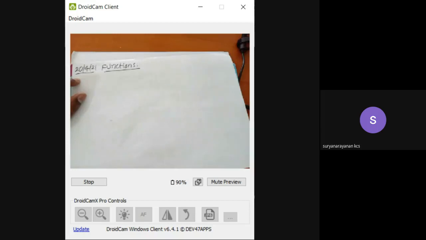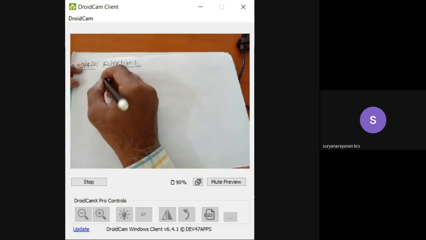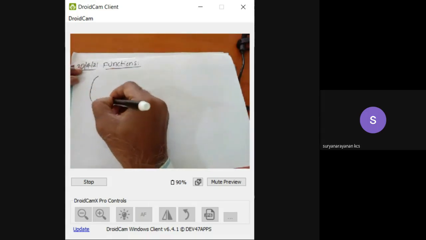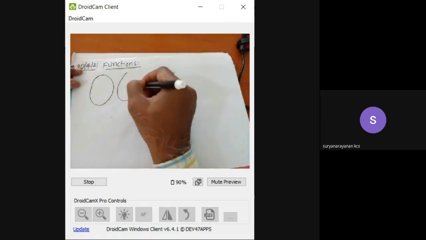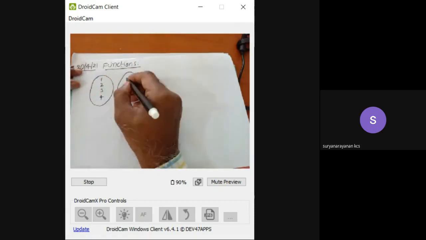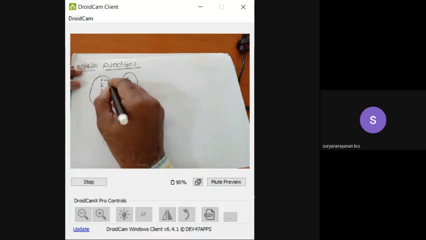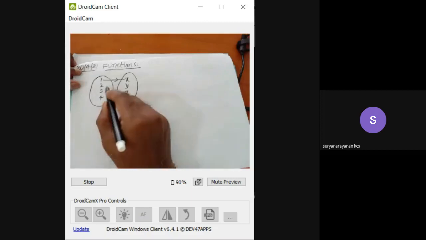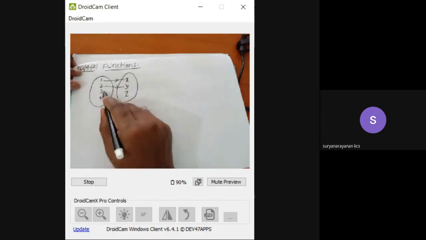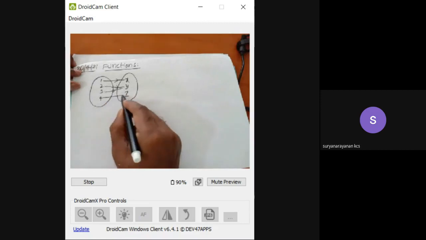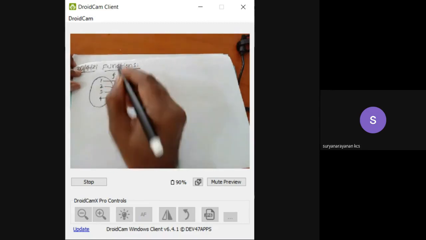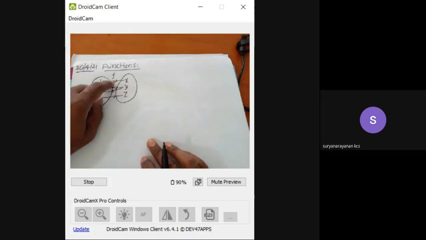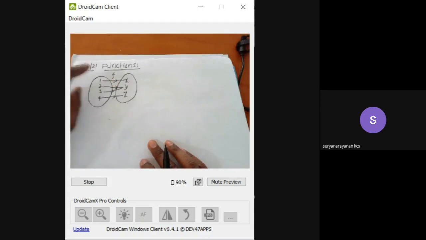Functions is also some special type of relations. Here, see this arrow diagram, my dear children? See this one? Let us consider this is a relation, but here it is said to be function.